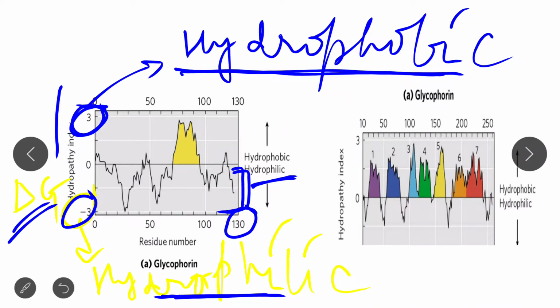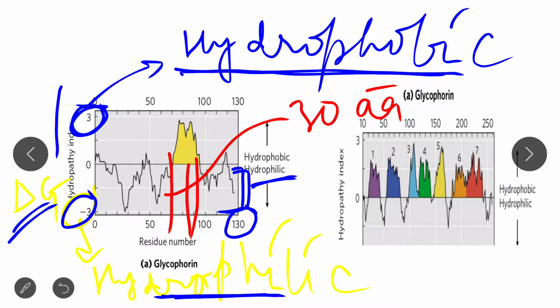If we make a parallel line here, this is the center and this is the end, so till here 30 amino acids are present. And this is del G: the hydrophilic region comes because of this -3, and hydrophobic is +3.